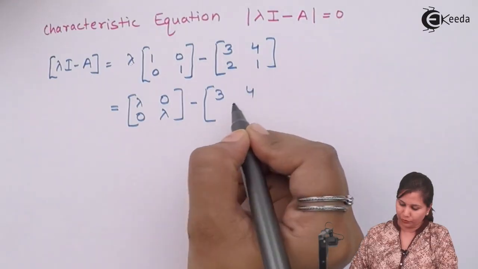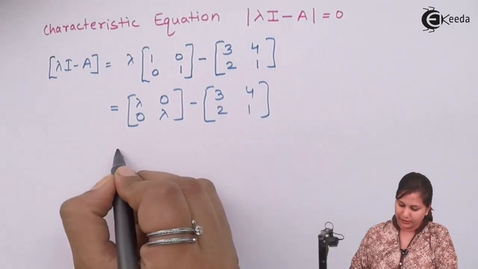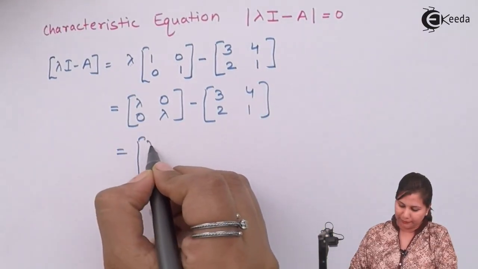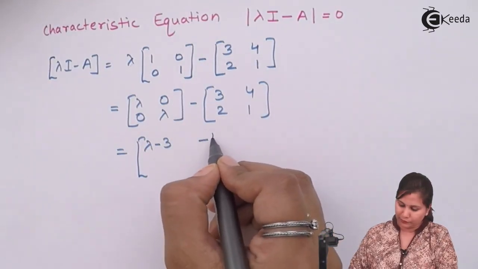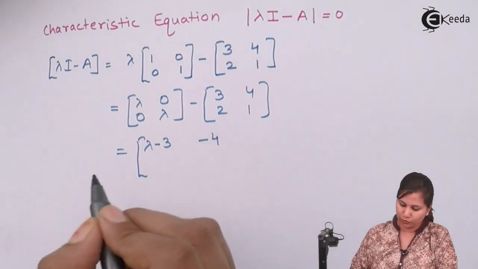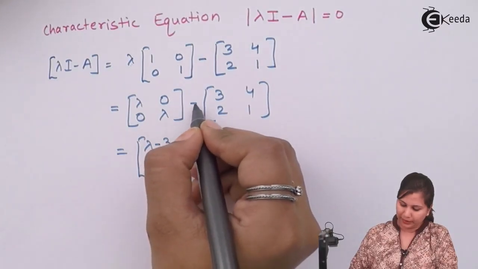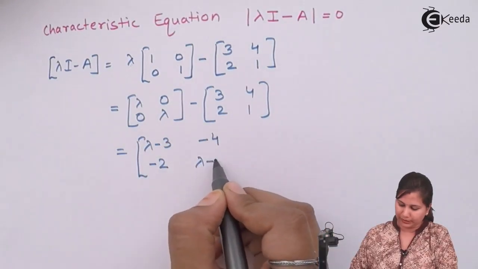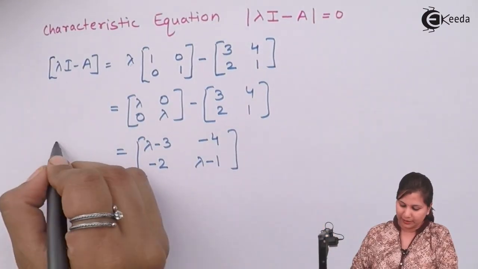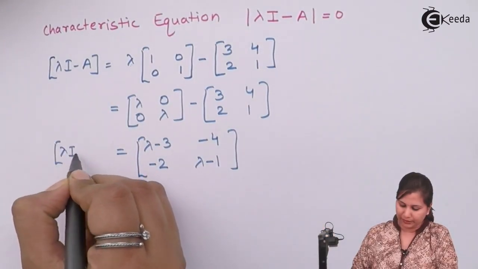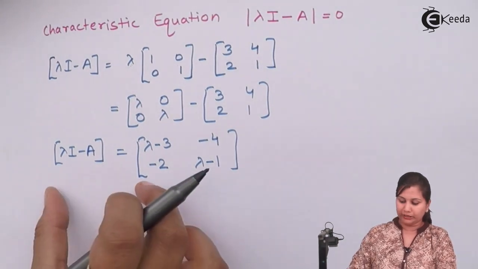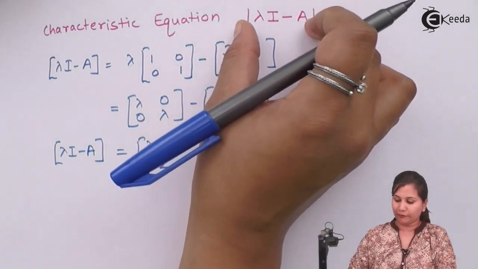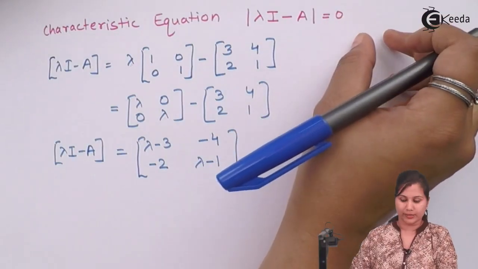Minus 3, 4, 2, 1. So this matrix becomes lambda minus 3, 0 minus 4, 0 minus 2, lambda minus 1. This is our matrix lambda I minus A. Now we have to calculate the determinant and then equate it to 0.